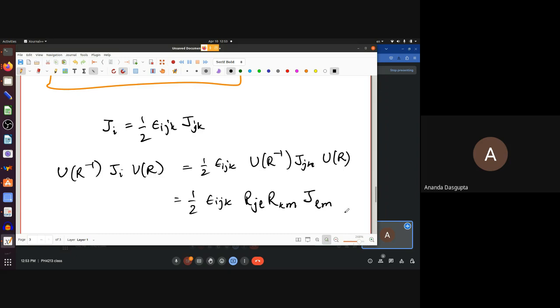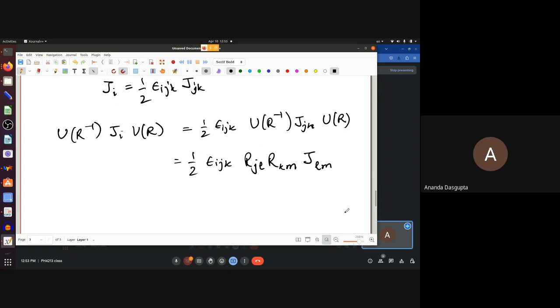Antisymmetric second rank tensor, but second rank tensor. Okay, so this is the way in which Ji's transform. But there is one hugely important result which you should be able to figure out yourself. Can anybody tell me what this is? Epsilon ijk Rip Rjl Rkm. Can anybody tell me what quantity is this? Forget the fact that these are rotation matrices. For any 3x3 matrix, can you tell me what this stands for?